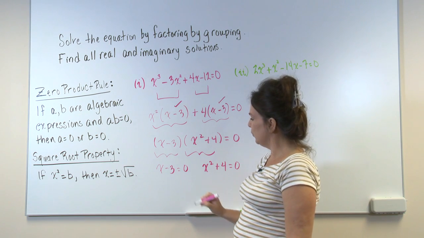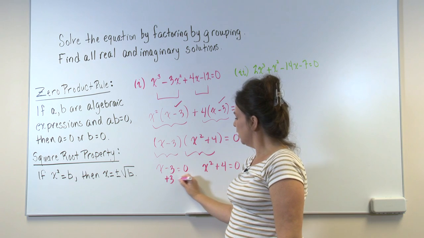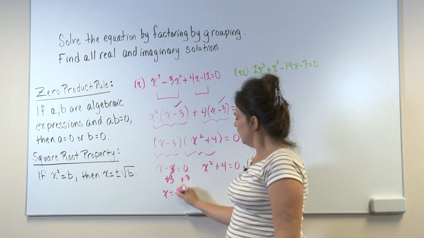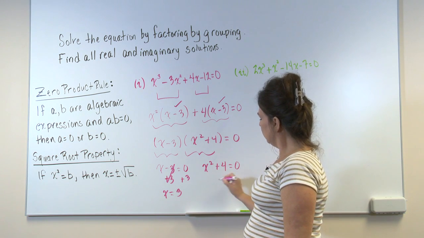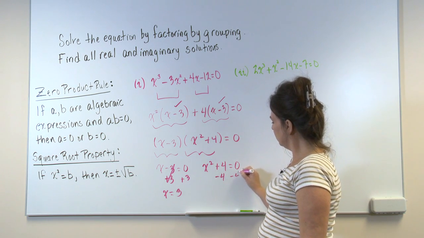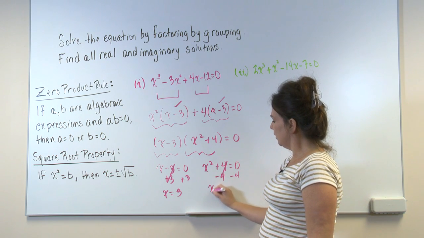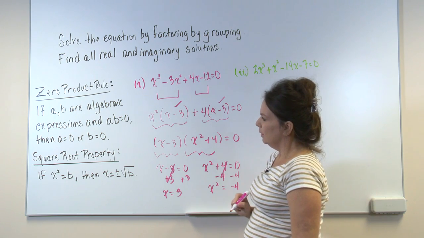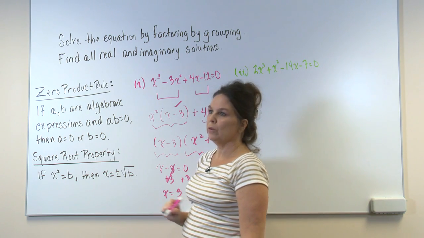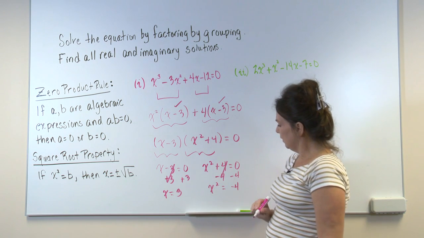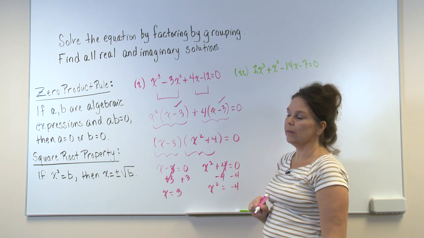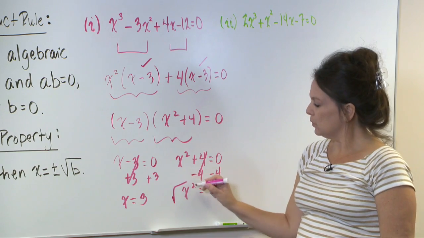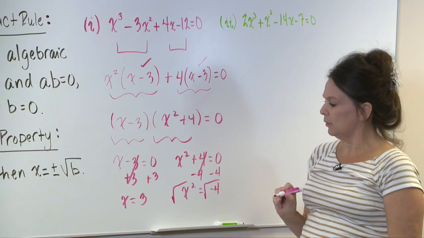Now I'm going to solve each one. This one is simply adding 3 to both sides of the equation to find that x is equal to 3. Here, I'm going to subtract 4 from both sides of the equation, and I find that x squared is equal to negative 4. The next thing I want to use is the square root property. I've isolated the square term here, the x squared, and I want to solve for x, so I'm going to square root both sides of this equation.